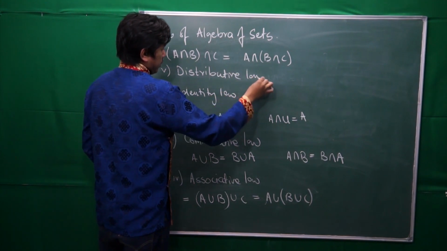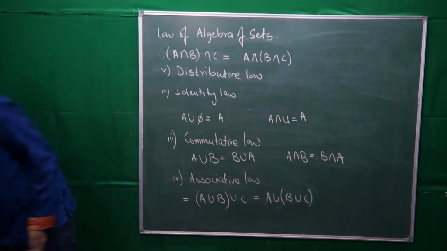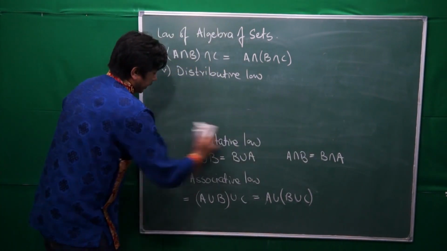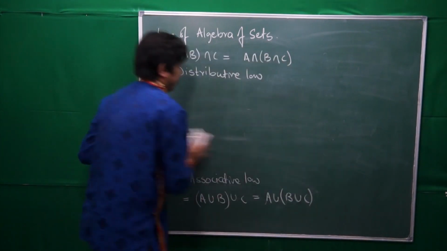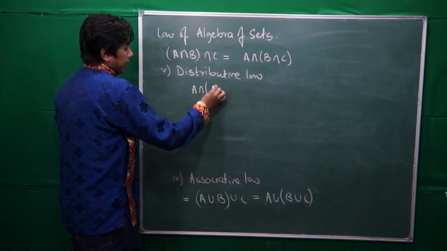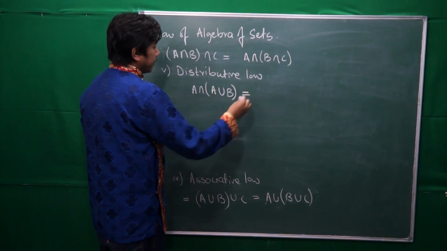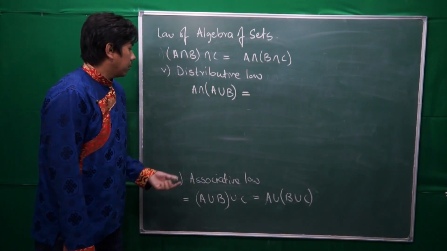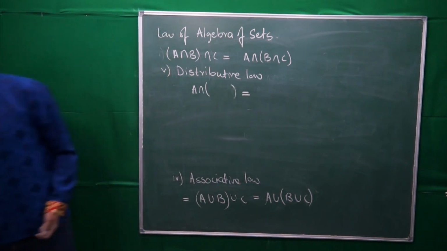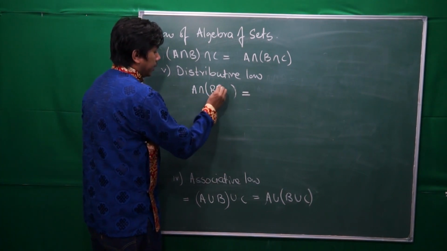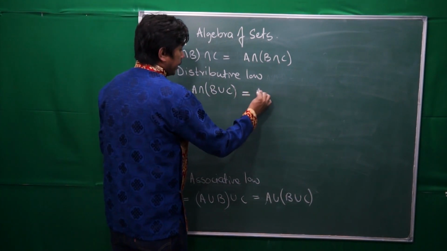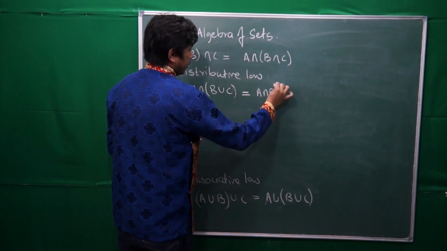Okay, now law number 5, we have distributive law. As the name suggests, we have to show the distributive nature of the operations of sets. So let's write A intersection B union C. That would be better. So A intersection B, I am distributing.